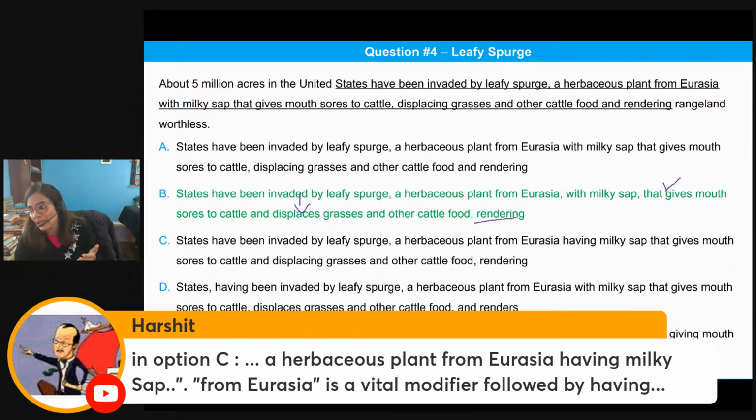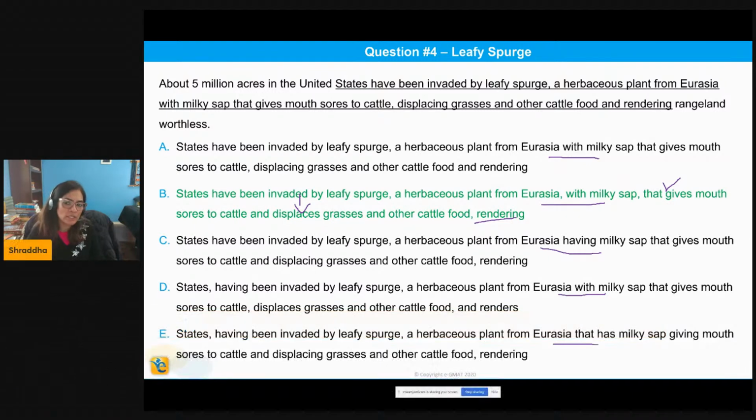Because in choice A, we are saying Eurasia with milky sap. In choice B, Eurasia having milky sap, Eurasia that has milky sap. Then all the answer choices are wrong. But that analysis is not correct because we cannot place from Eurasia anywhere else in the sentence. We have to say that it is a herbaceous plant from Eurasia.